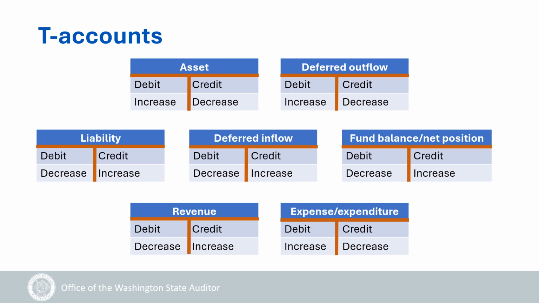On the other side are those accounts with normal credit balances. These are the liabilities, deferred inflows, fund balance, net position, and revenue accounts. If you credit these accounts, you increase them, while debits decrease them. We will be using these T accounts as we go through the journal entries.